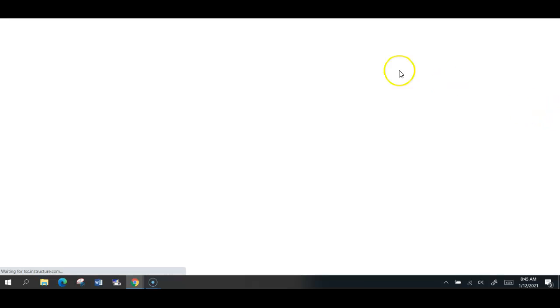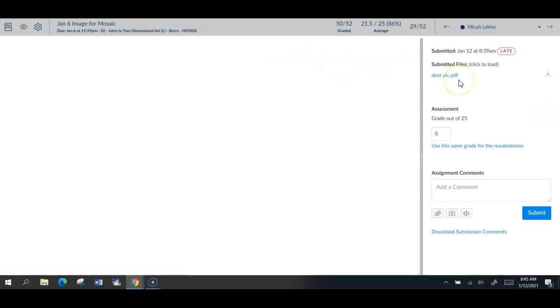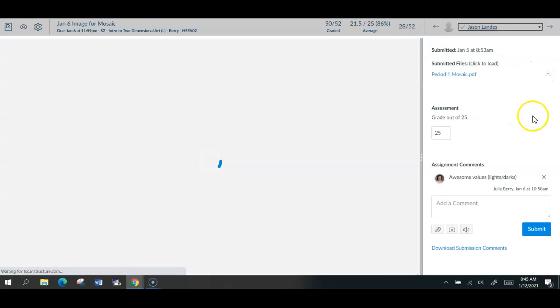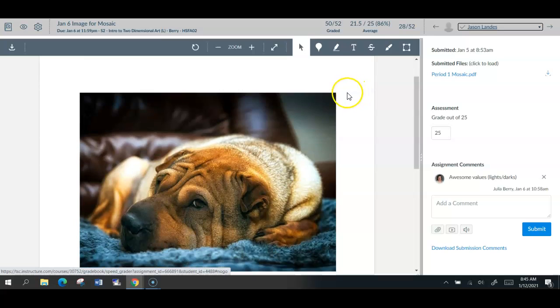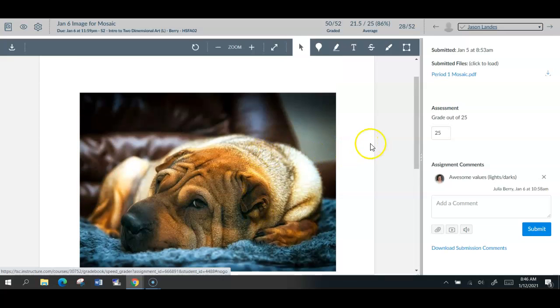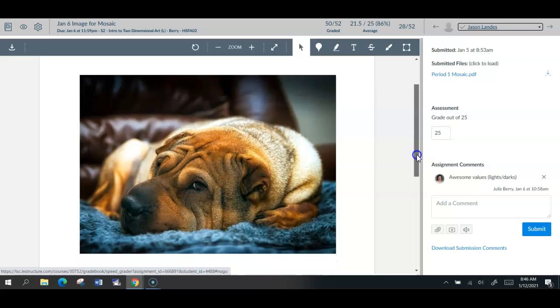Let me take a look. Oh, okay, I see what you're saying. Is there a way that you can go back into your Canvas and get the picture again where you uploaded it? Do you still have the original picture? Yeah. Okay.